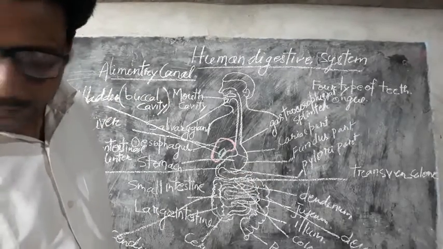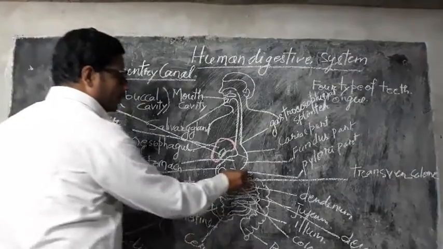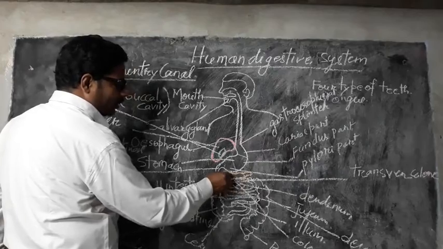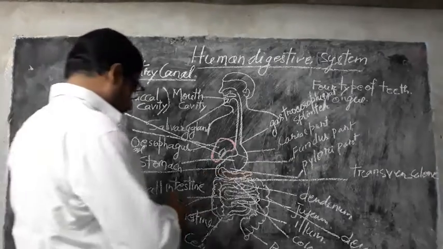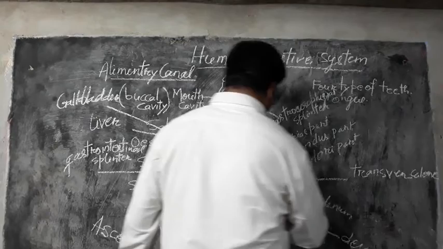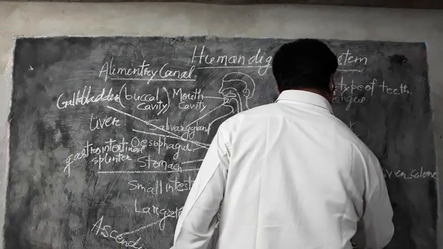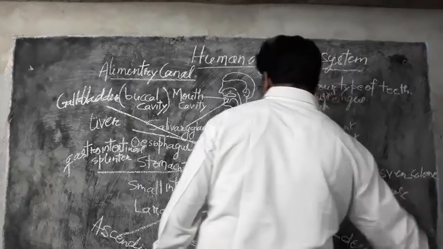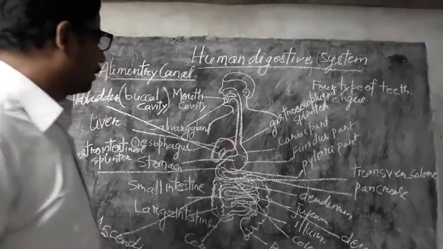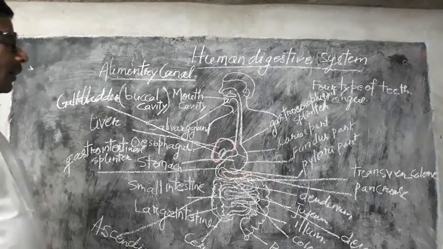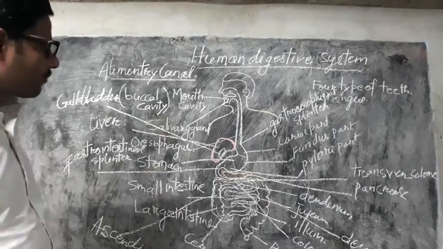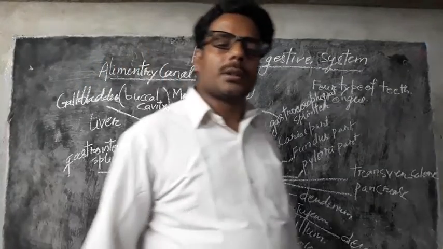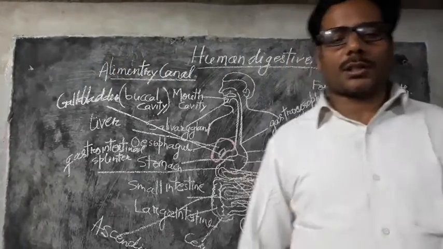This leaf-like structure is called the pancreas. So, dear students, you can see these are the parts involved in the human digestive system.